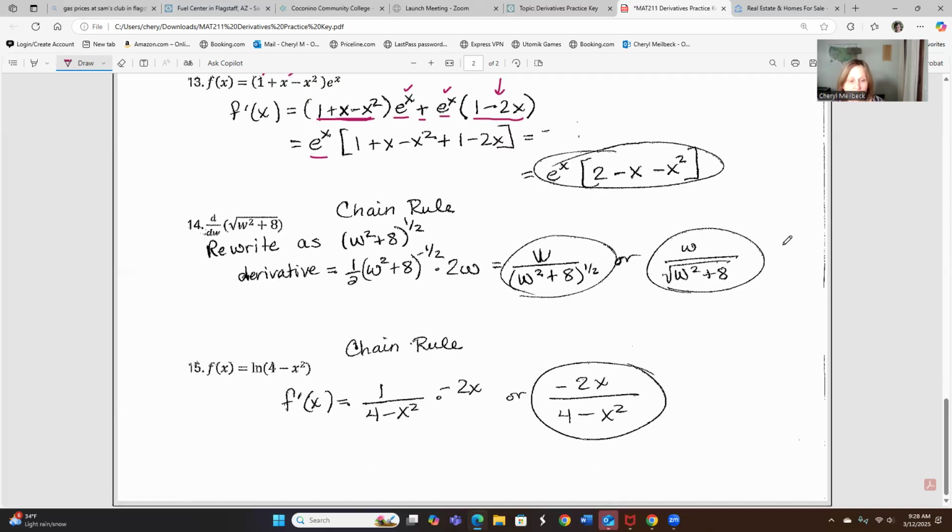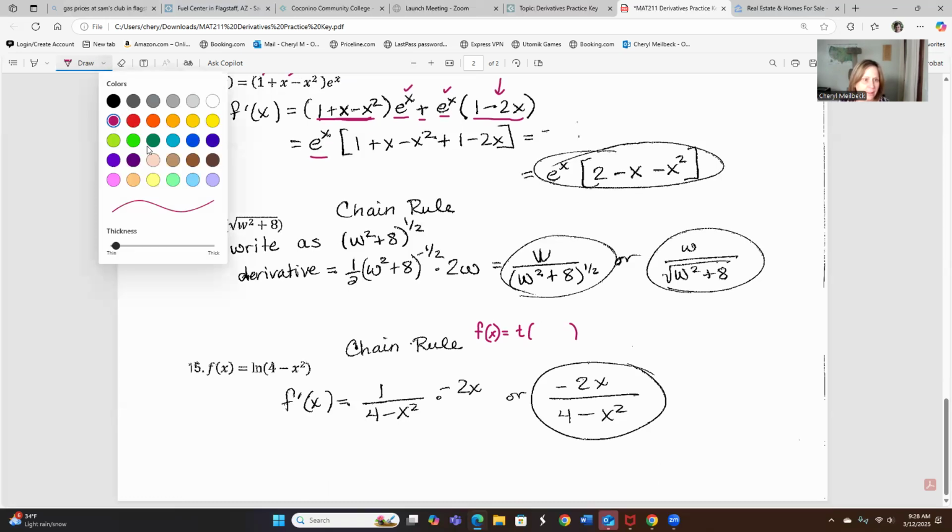If we look at problem 14 and 15, we need to use the chain rule. So let's write the chain rule out down here. The chain rule states that if you have an outside and an inside function, let's call the outside function t of x. And then you have an inside function, and I'm going to go ahead and call that n of x for inside.